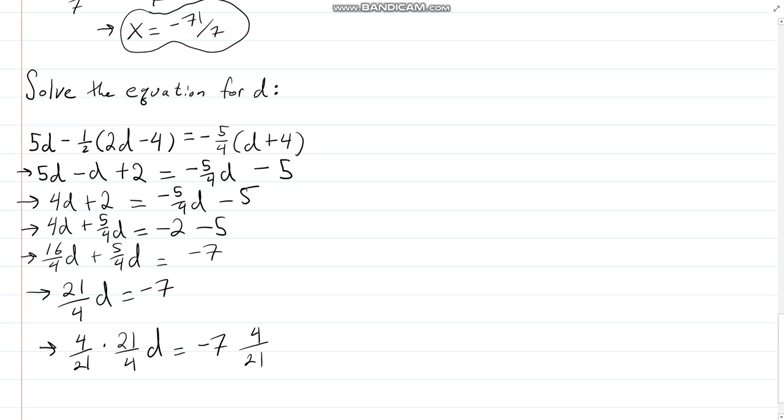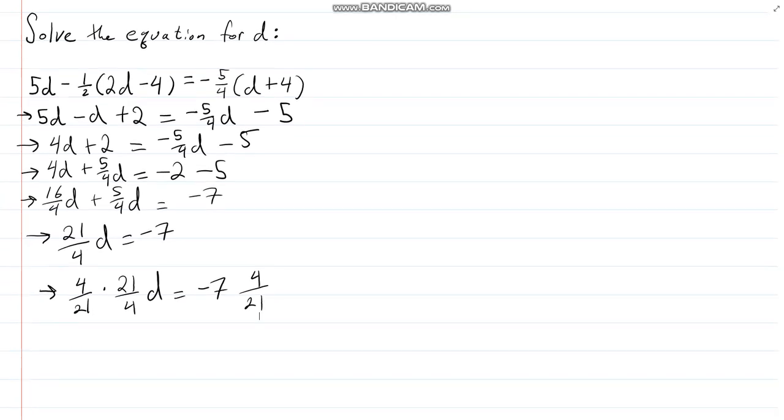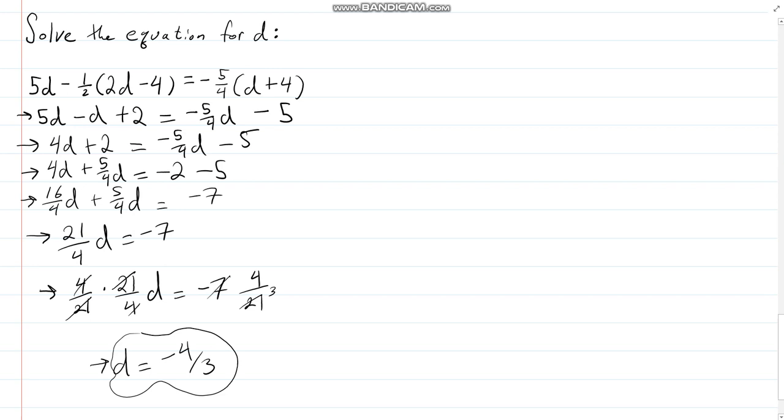I find that it is equivalent to dividing both sides. So the 21 reduces, the 4 reduces, just as it should. And then we have d equals, and you can see this negative 7 over 21. Well, that's going to make this a 3, so that becomes a 3. So I have negative 4/3, okay? So that would be the final answer for that one.